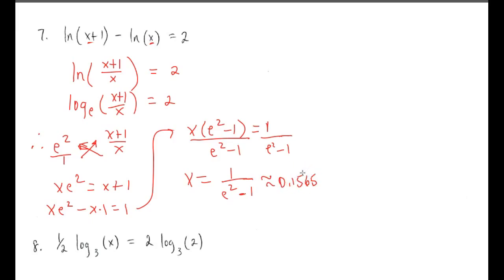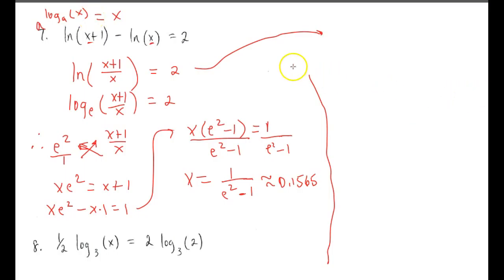All right. So the other thing that I wanted to point out here is that at this point, if I wanted to do something different, I could use another property, and this property entails using the fact that if we have a raised to the log base a of x, that would just be equal to what's inside the logarithm.